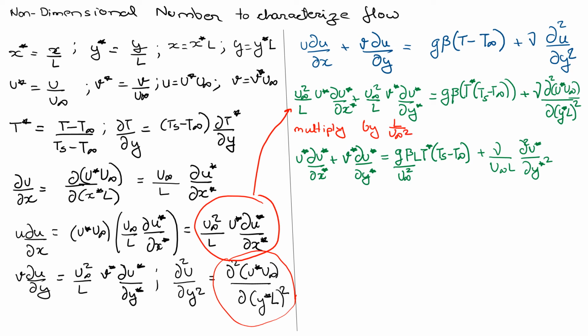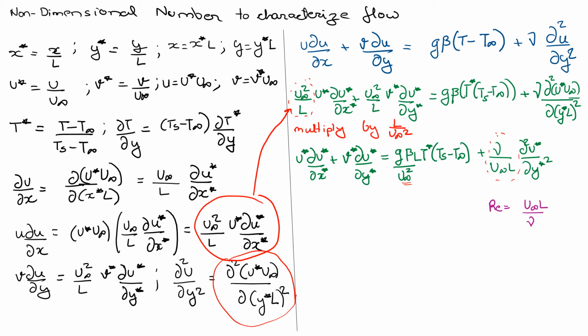So this term here gets cancelled out after you multiply it by L times u infinity square. So you just have u star times del u star by del x star plus v star times del u star by del y star equals g times beta times L times T star times the temperature difference by u infinity square, plus viscosity by u infinity times L, and this thing here looks familiar, times the normalized viscous term.